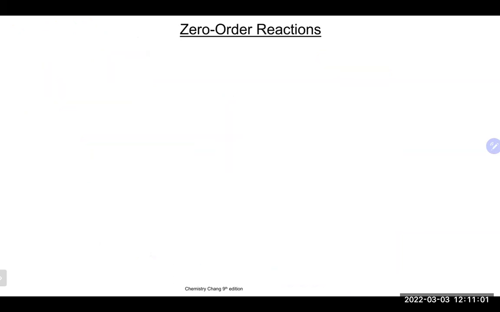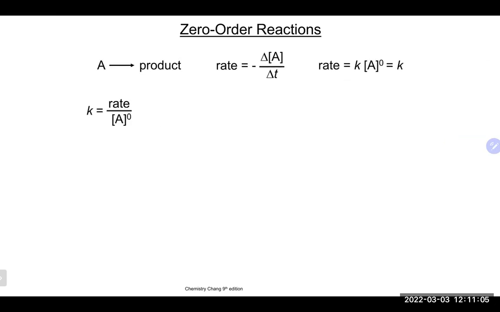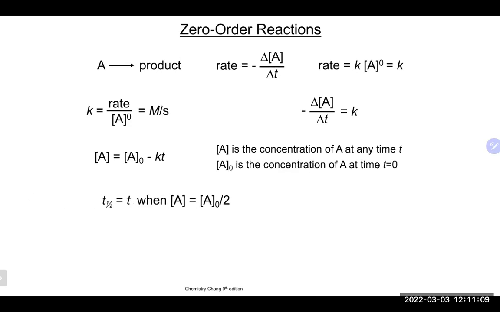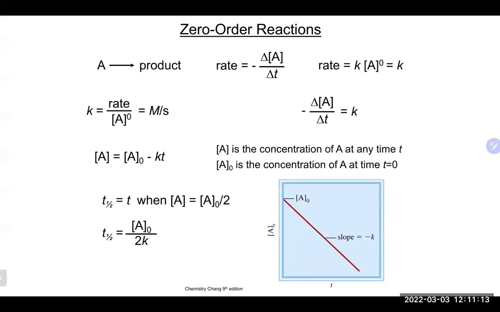Okay. The last common type of order reaction that we do come across is a zero order reaction. A zero order reaction could be achieved by having a reactant that is to the zero order. That would give us a rate law equal to k times A to the zero.